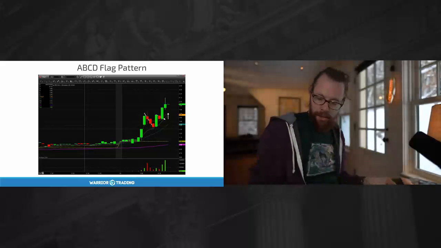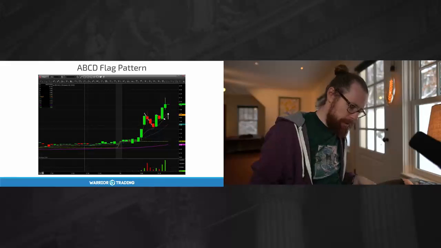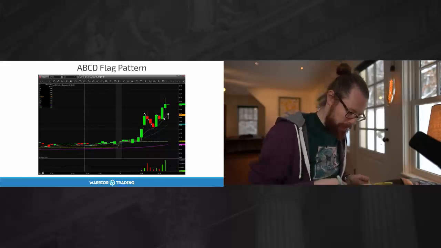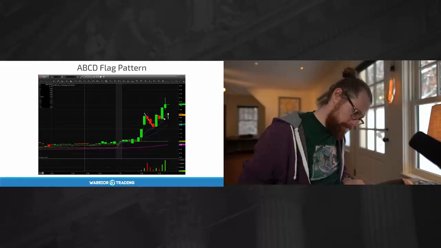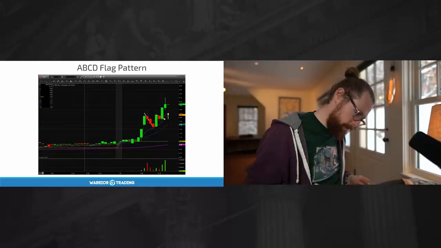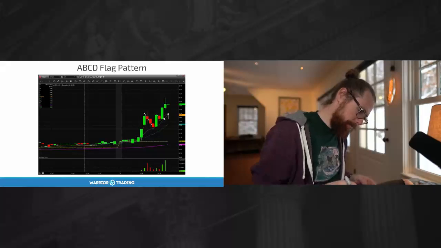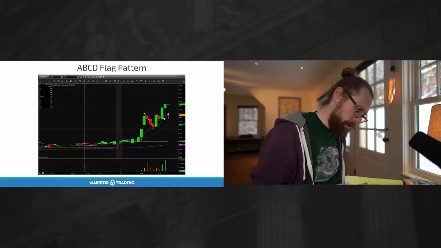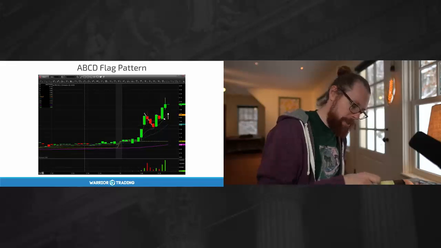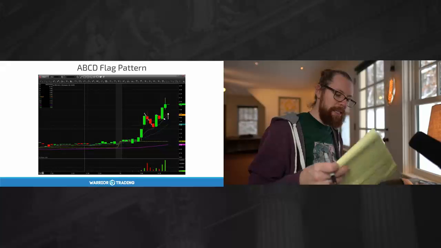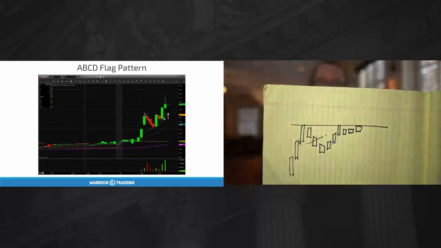Now, I actually drew almost the same exact pattern yesterday. I'm trying to remember what that was about. I don't remember if I was just drawing the bull flag or the flat top breakout, perhaps. I think I was drawing the flat top breakout because at this point, it does start to become a flat top breakout.